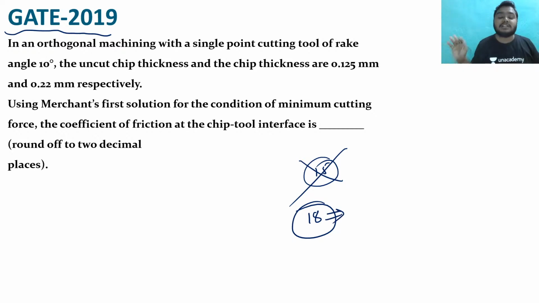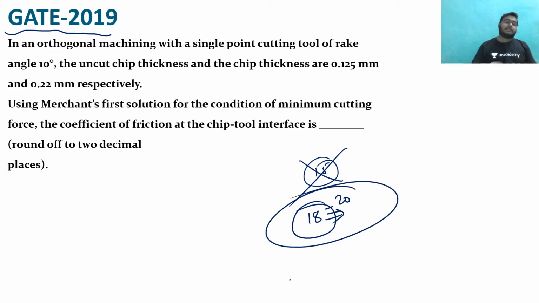I do not want to waste even 1 mark, even 0.33. I do not even want to make a negative in that subject, right? That should be your level of preparation. If you can prepare manufacturing, that is going to easily give you 18 to 20 marks alone.